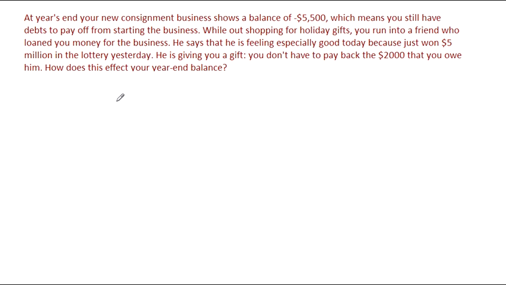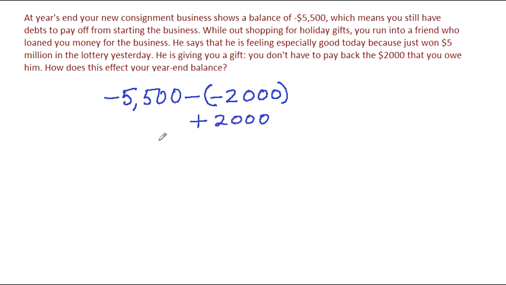Let's look at it. You start with a year-end balance of negative $5,500, which means that you have that much indebtedness still in your company. And then you run into this friend who decides to take away a debt that you owe him, which is a negative, because it's a debt, $2,000. Taking away that debt is just as though he had handed you $2,000 to pay him with, okay?